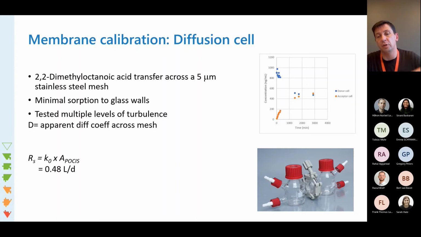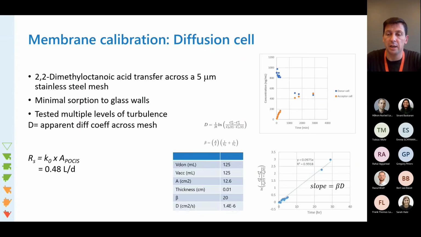So you have a donor phase that is spiked with a chemical, and then a receiving phase, and we measure the compounds in the two sides of the setup. And then here we do a little bit of modeling to be able to find what our mass transfer coefficient is across our membrane.